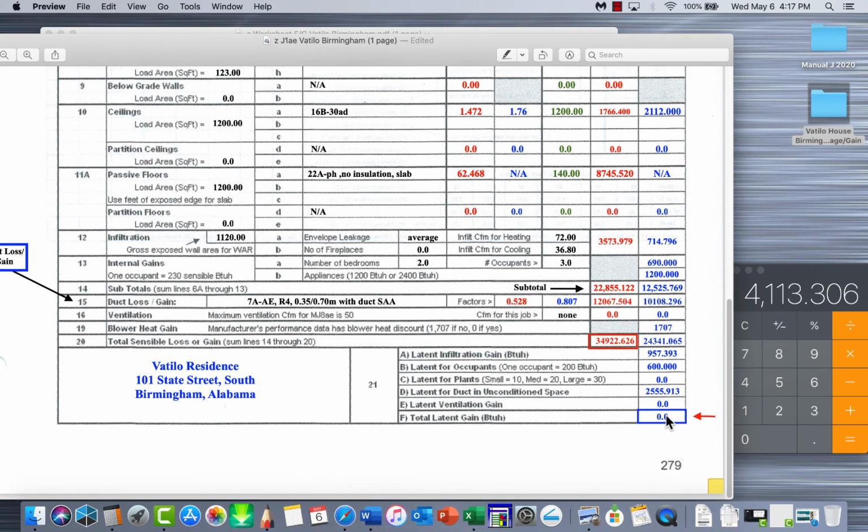So we end up with, I'm going to move the box again, 4,113.306. Now, to put that into perspective, 6,000 BTUs is half a ton of cooling.